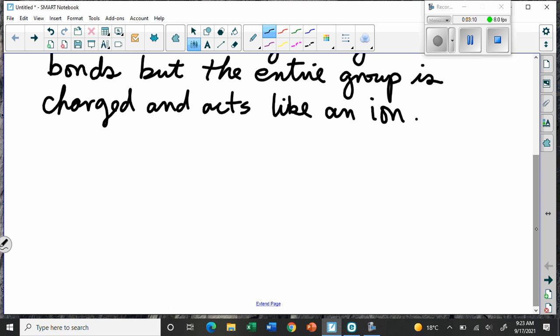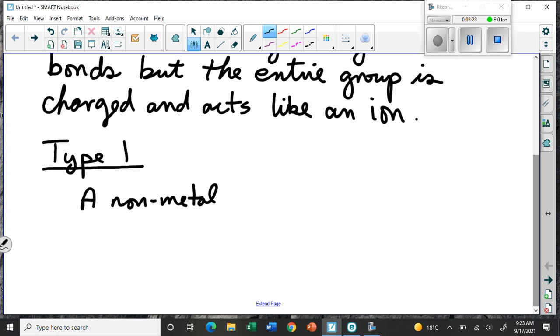So, they come in different types. Let's call them type 1. Doesn't really matter. That's not an official term. It's just what I'm going to call them. Type 1 is when we get a non-metal plus oxygen. So that's what they look like.